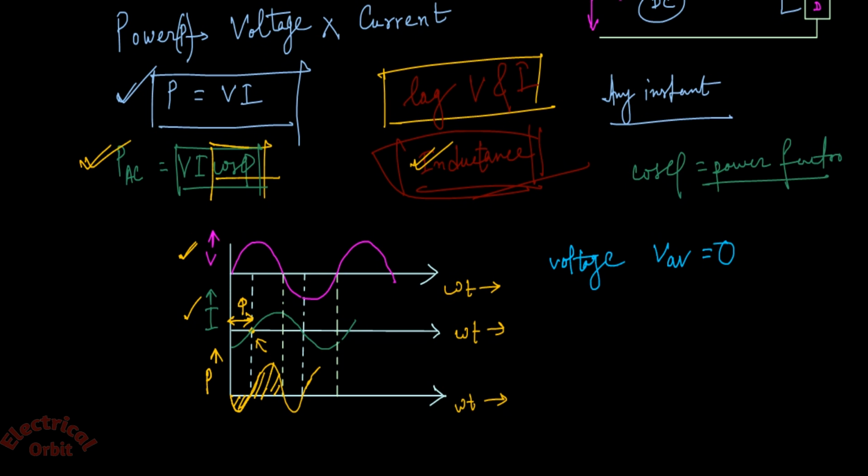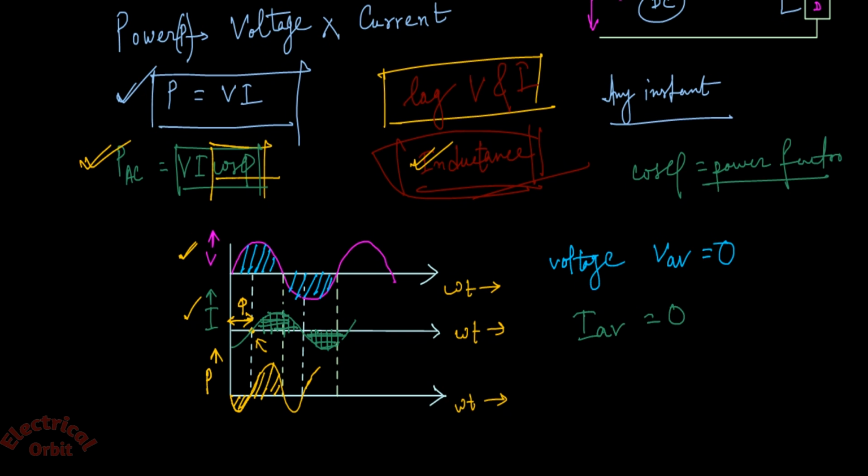Because the area covered by the positive half cycle of voltage is equal to the area covered by the negative half cycle of the voltage. Similarly, for the current, the area covered by the positive half cycle is equal to the area covered by the negative half cycle. I have shown this here with shade. Clear? So average current is also equal to 0 for a sinusoidal voltage or current wave.